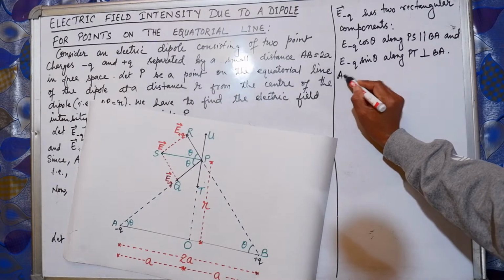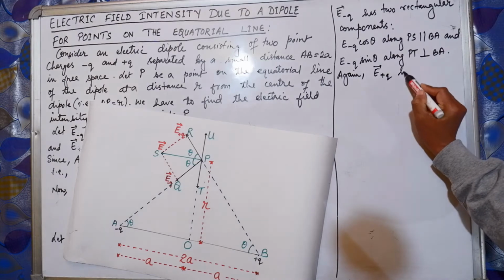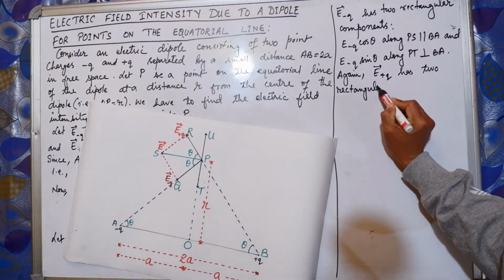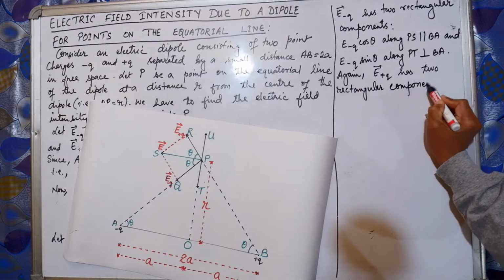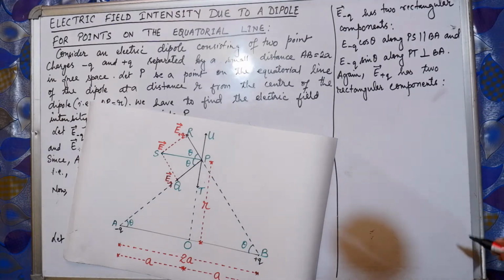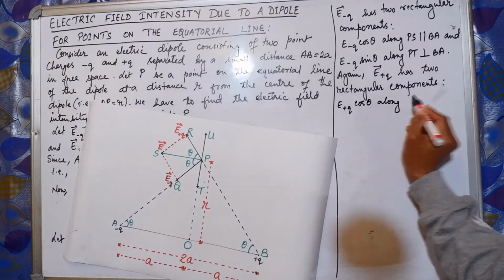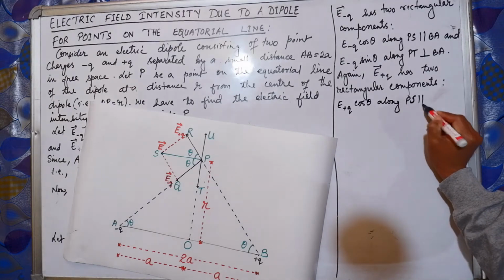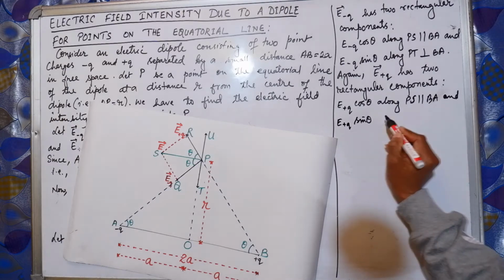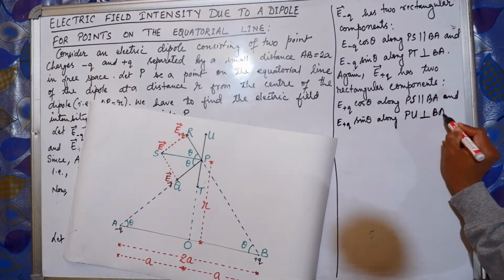So E plus Q also has two rectangular components: E plus Q cos theta along PS, which is parallel to BA, and E plus Q sin theta along PU, which is perpendicular to BA.